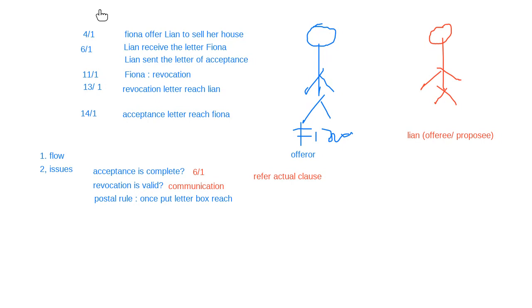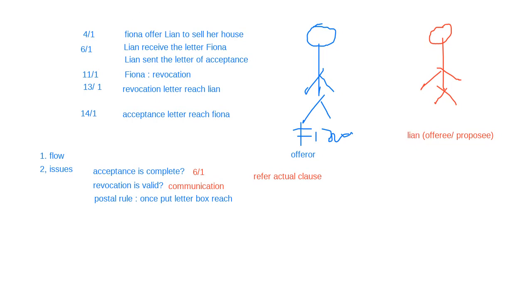Okay, so in this case, Fiona and Lian have formed a contract on 6th of January. So in this case also, Lian can claim for breach of contract if Fiona refuses to continue with the contract, because the contract is already formed.